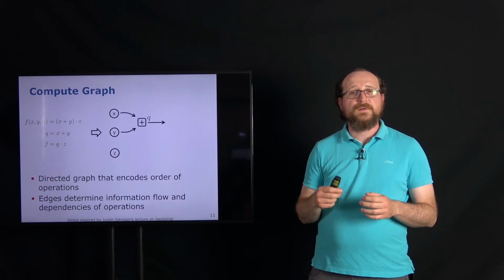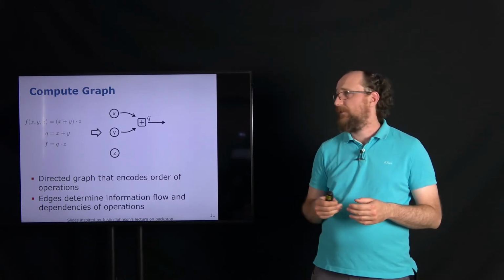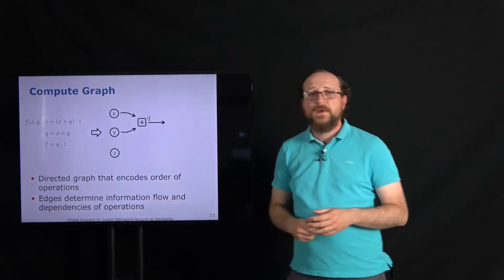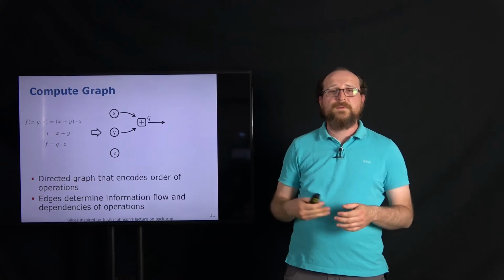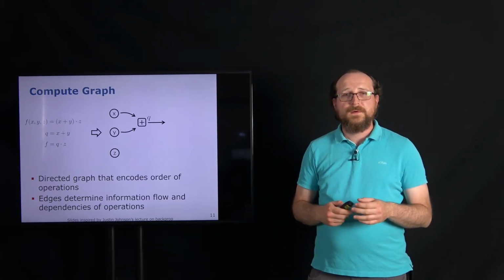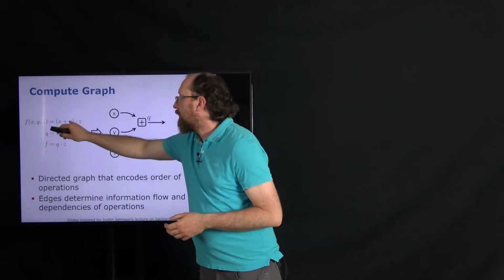And q is in this case the output of this plus operation, and as written here, q equals x plus y. So this node gives us q as output, and then we have computed the expression in the bracket.